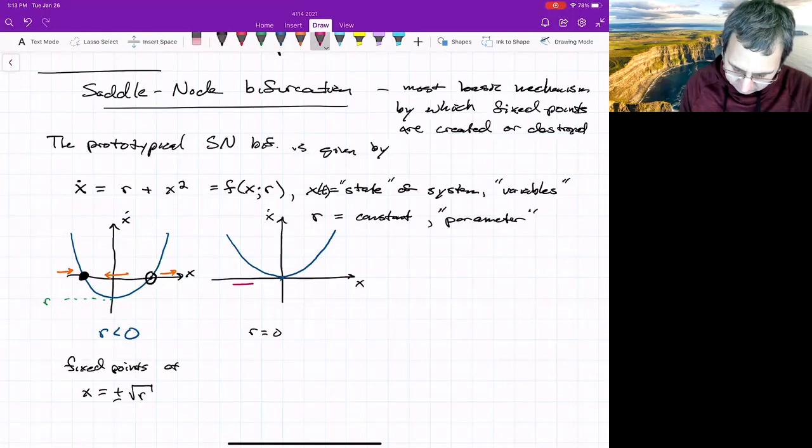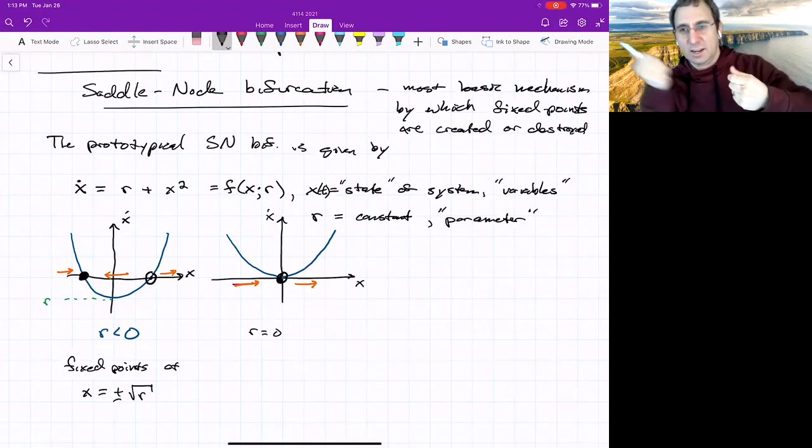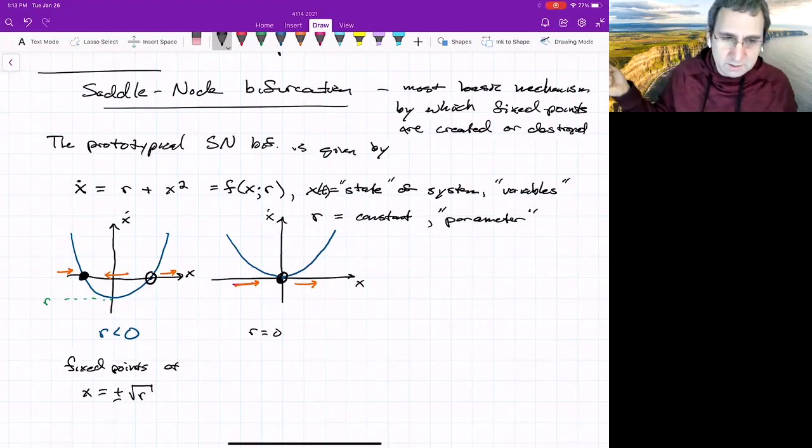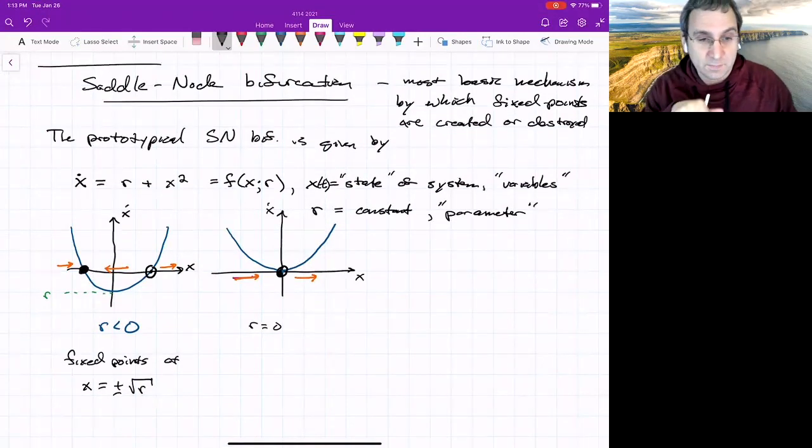And over here the vector field's moving to the right. Over here, the vector field's also moving to the right. I think last time I said, well, this is technically an unstable point because if you were to get perturbed to the right, you leave. But Strogatz would call this a half stable point because it looks stable coming from one side and unstable from the other. Technically, it is an unstable point.